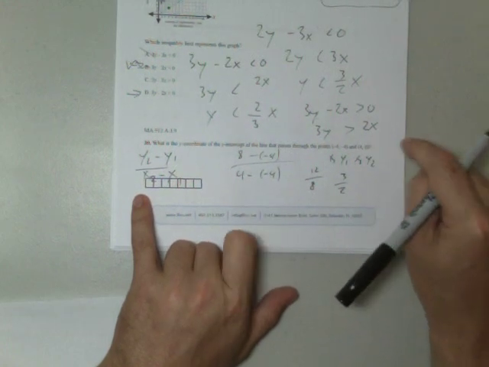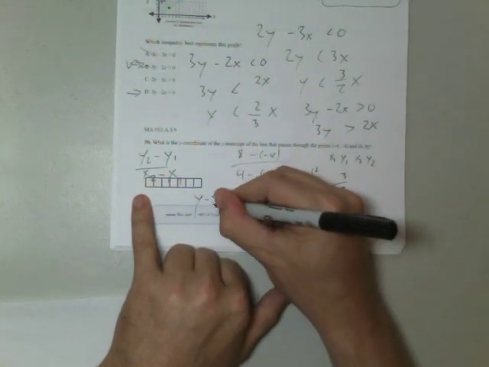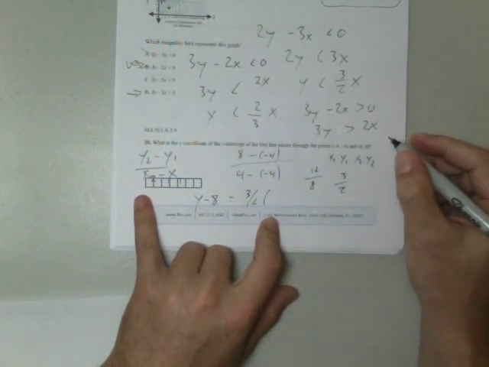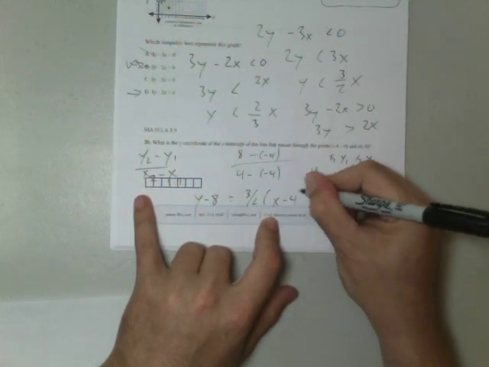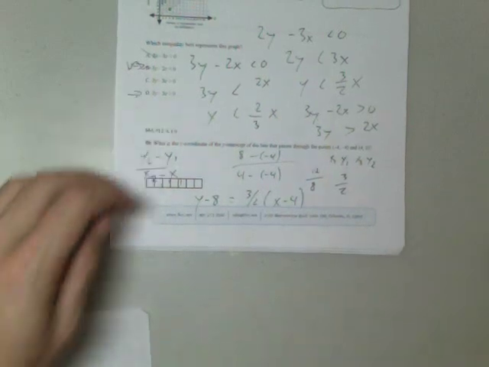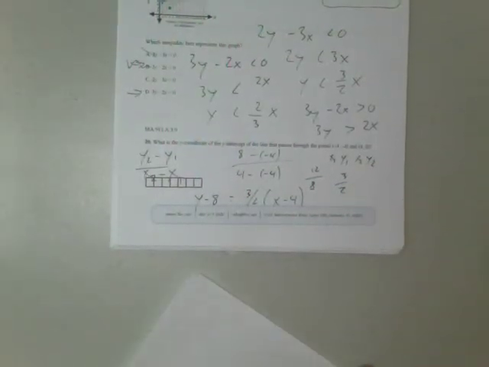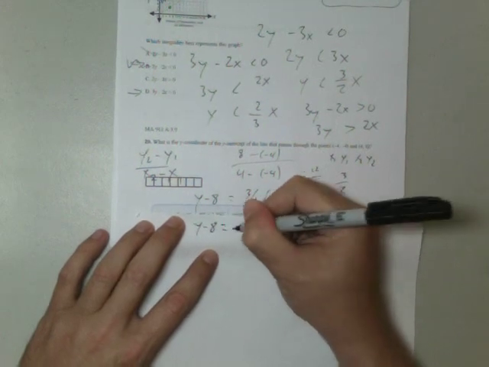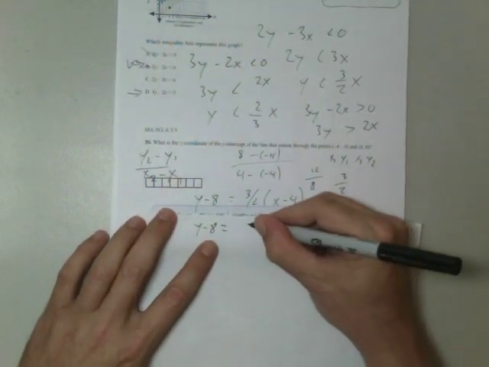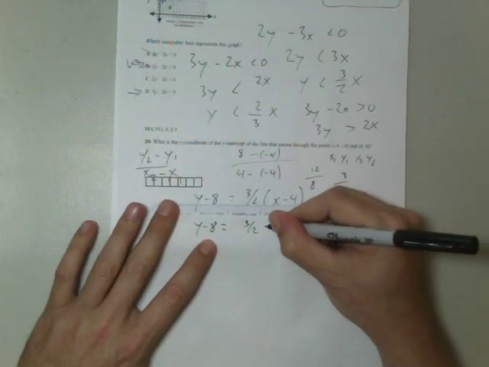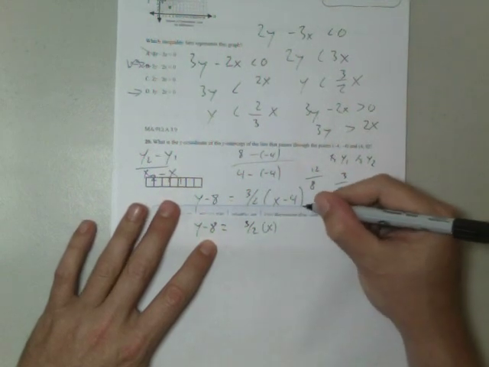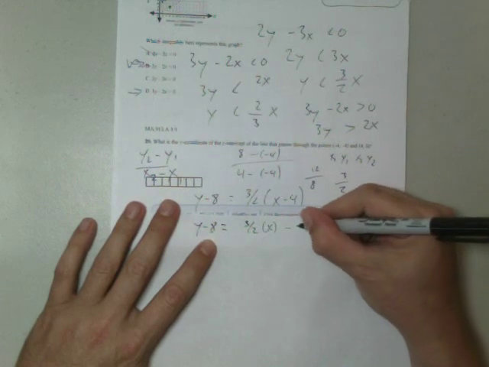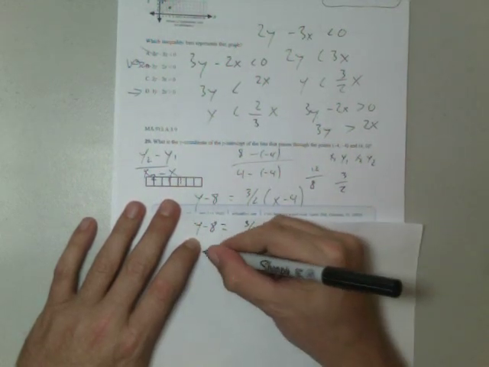I'm going to use this point, y minus 8 equals 3/2 times (x minus 4). Y minus 8 equals 3/2 x minus 4 times 3 is 12 over 2 is 6, minus 6. I'm going to add my 8.